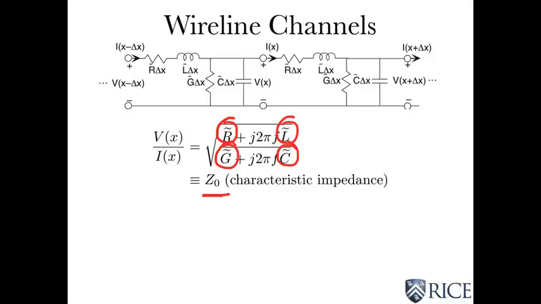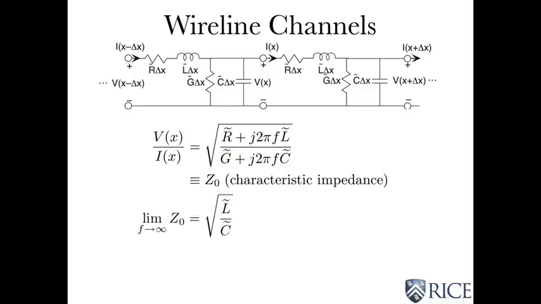Well, what happens as frequency gets big? As frequency gets big, you can drop this term, drop that term, and the ratio does not depend on frequency at all. It becomes a constant.